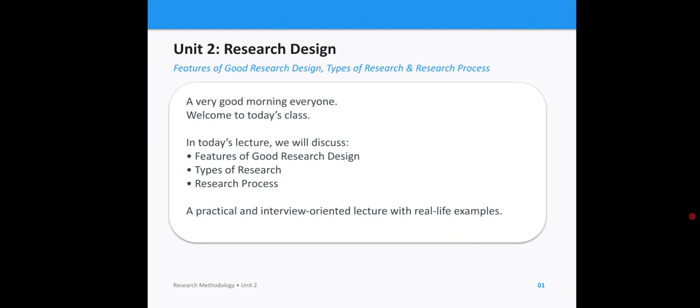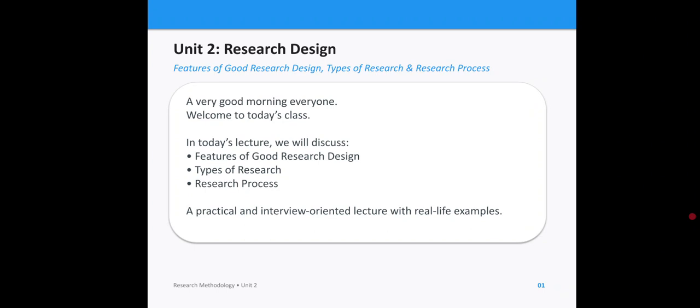So, students, these topics are very important because they help us to understand how research is planned, which type of research should be selected, and what steps researchers follow while conducting research. These concepts are very useful for examination purposes as well as for interviews and for future research work.